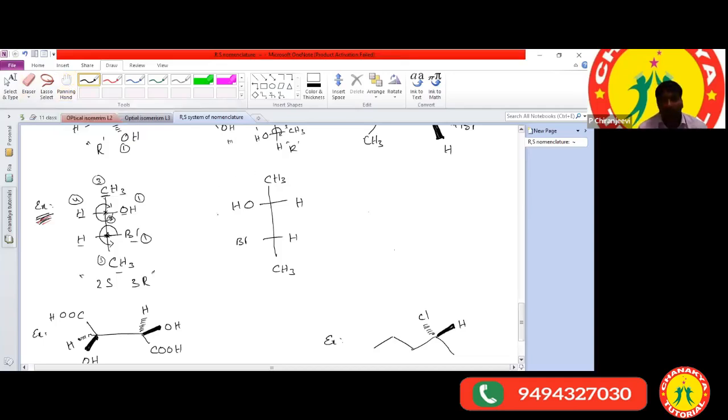Let us see the options I'm giving. Option A, 2S, 3S. Option B, 2R, 3R. Option C, 2R, 3S. Option D, 2S, 3R. What is the correct answer?